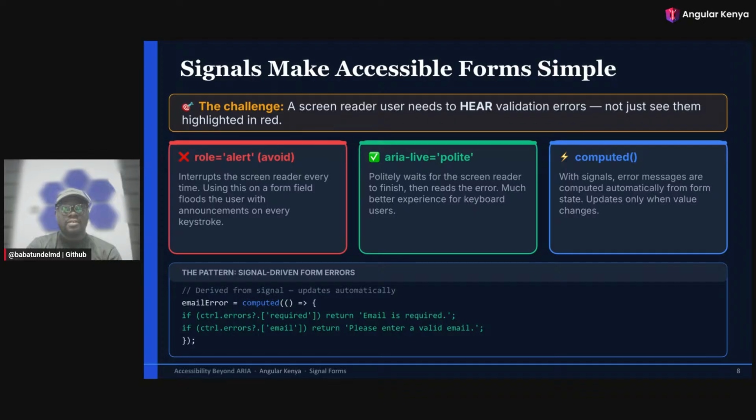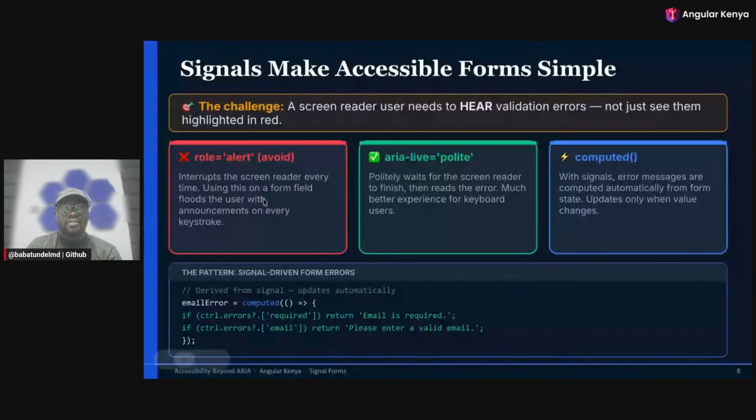A screen reader user needs to hear validation errors, not just see them highlighted in red. You can see here, when you do something like this, it interrupts the screen reader every time.